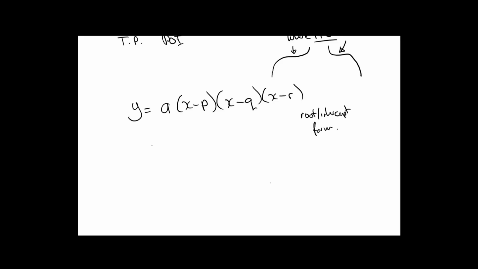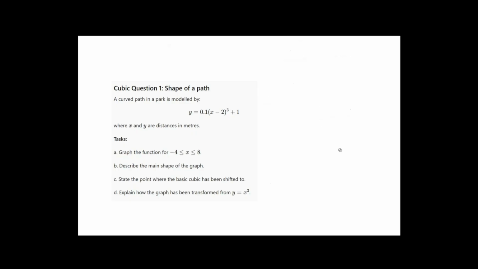So in other words, this is going to be our cubic, and it's going to cross at p, q, and r there. And again, if we know one of the points, we can find out what A is. If A is above 0, it's going to look like that. If it's less, it's going to look like that, but they're going to cross at the same place. So let's do a couple of questions.